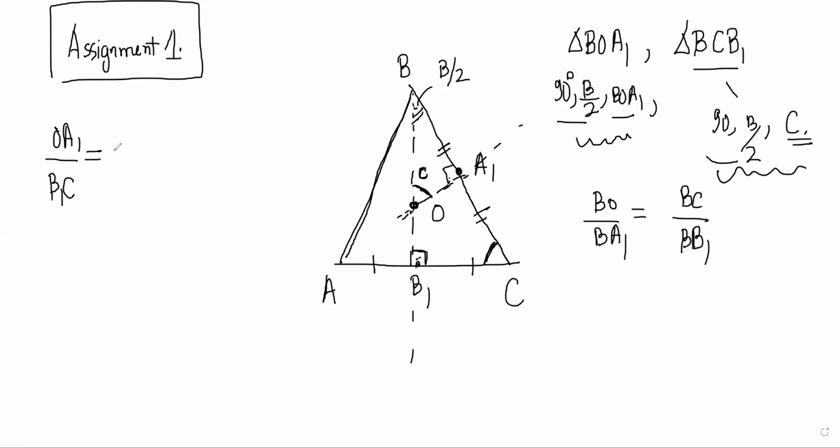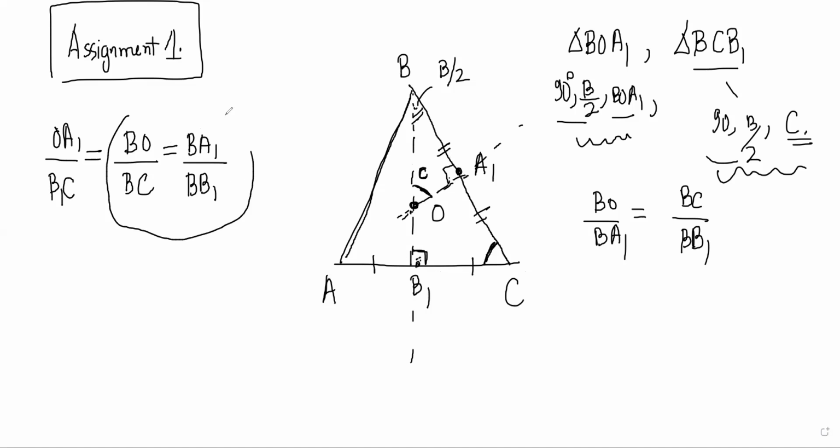What is the side opposite to 90 degree in the small triangle? It is BO. Side opposite to 90 in the big triangle is BC. Side opposite to angle C in the small triangle is BA1, and side opposite to angle C in the big triangle is BB1. So these two give me what I wrote here.